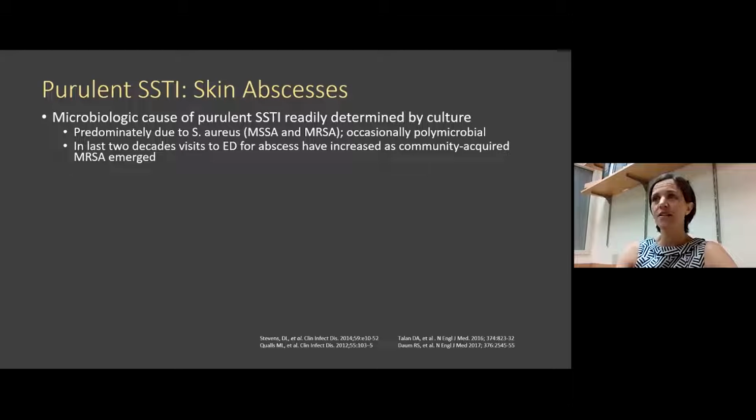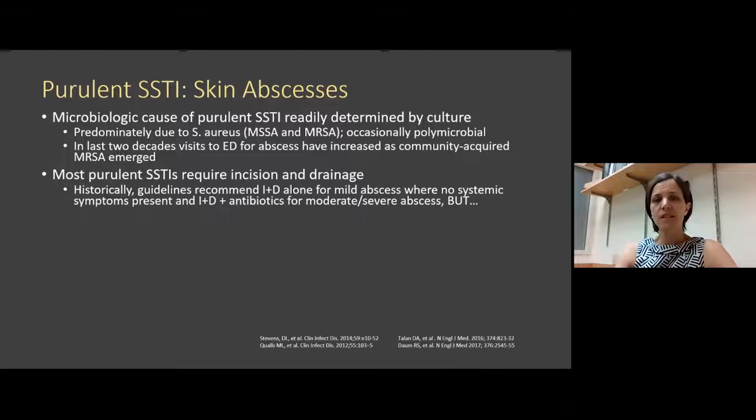Occasionally, you will find that these are polymicrobial depending upon the location. As we know, things like diabetic feet, if there's an abscess there associated with a foot wound, can be polymicrobial, for example. In the last 2 decades, visits to the emergency department for abscess have increased quite a bit. And this really is related to community-acquired MRSA and how it's affected people.